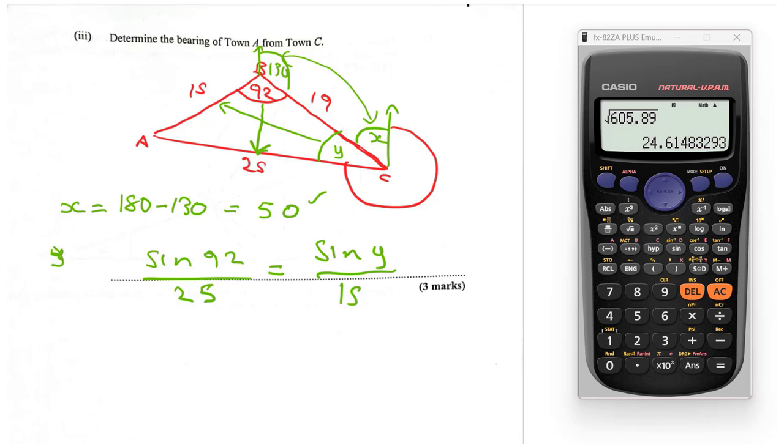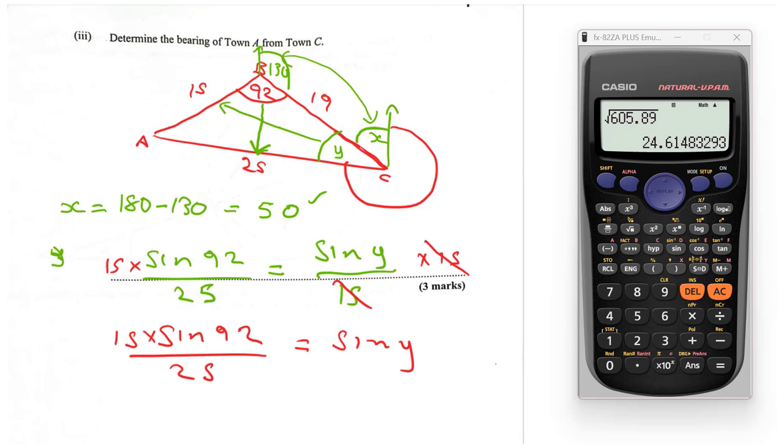Y is associated with the 15 over here. To find Y, I need to multiply both sides by 15. This 15 cancels this 15. So I'm left with 15 times sine 92 over 25 is equal to sine of Y.